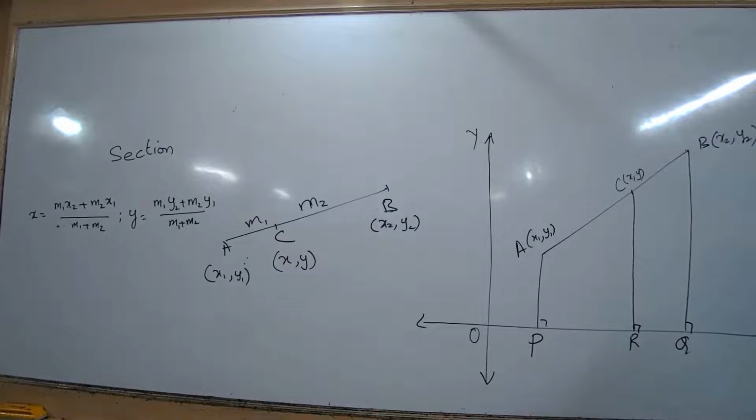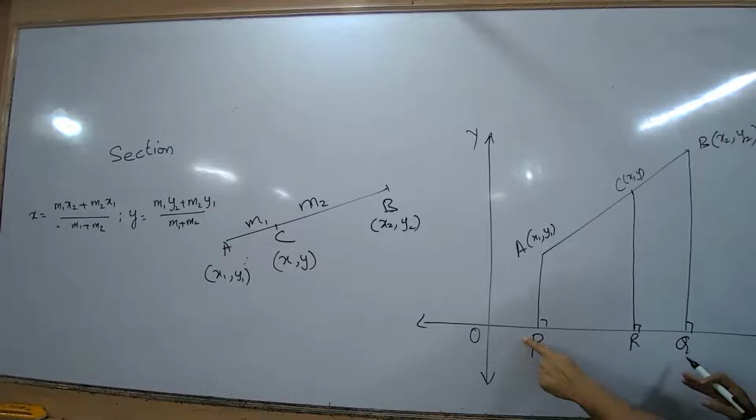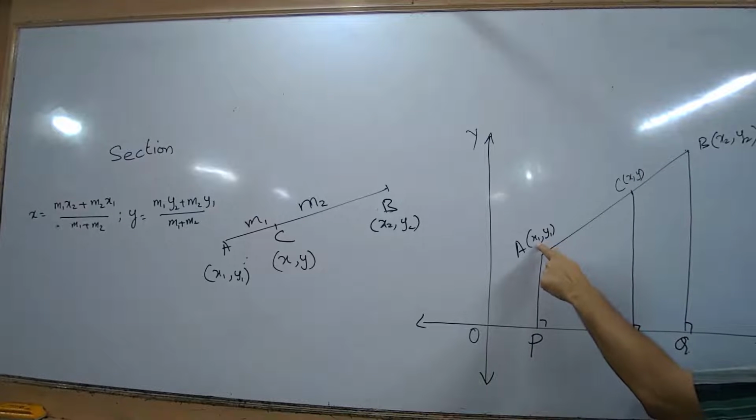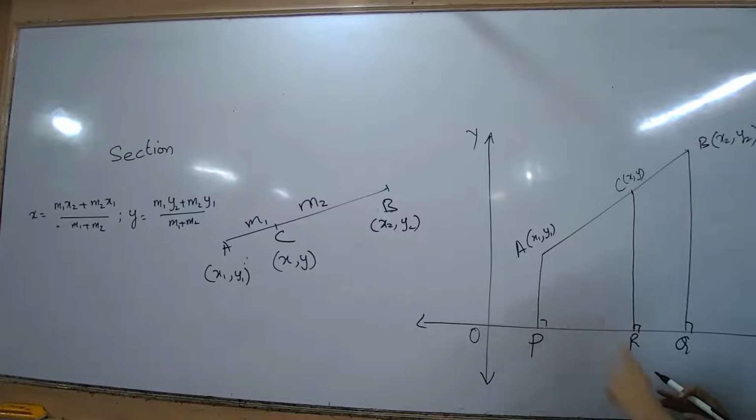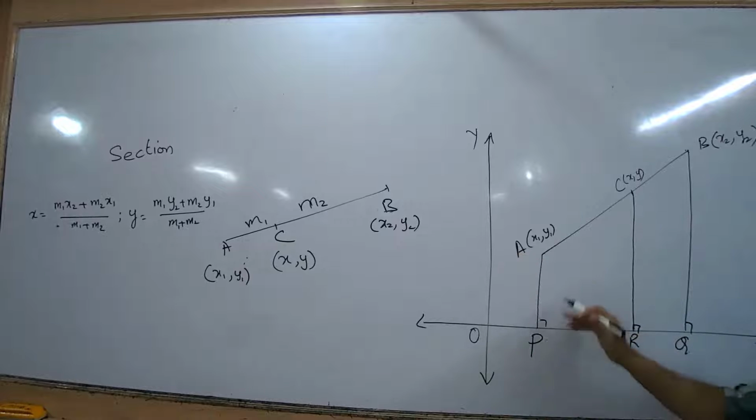How do you locate the point 3, 4? Move 3 on the x-axis and 4 on the y-axis, perpendicular. So this is 3. And what is AP? It is y1. You will get the point correspondingly.